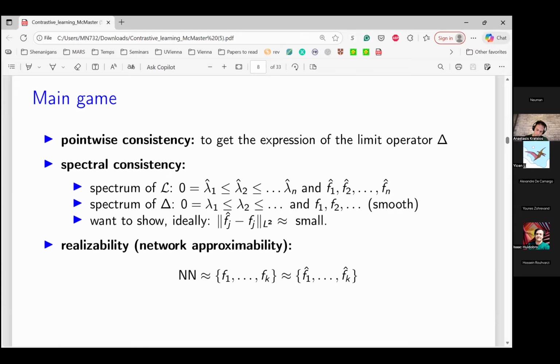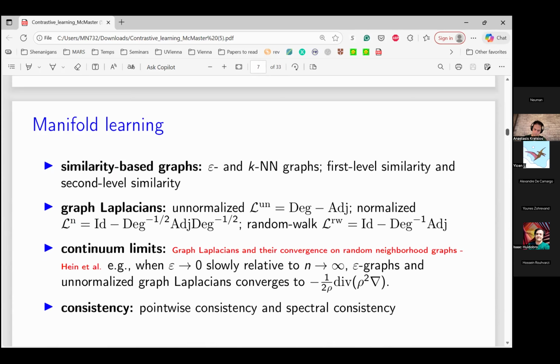In the paper by Hein et al., the limits are given for various graph Laplacians on various graphs. Those types of graphs are first-level similarity. The augmentation graph that we constructed sits somewhere between first-level and second-level similarity. In other words, the limit has not been explored. So we have to do this pointwise consistency to know what the limit looks like, okay?